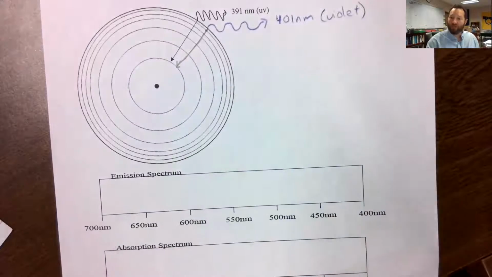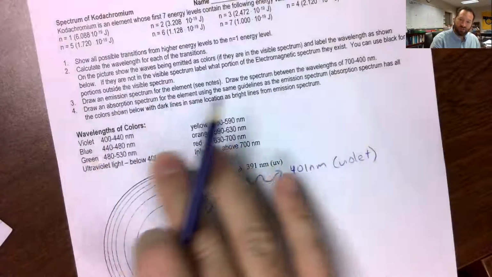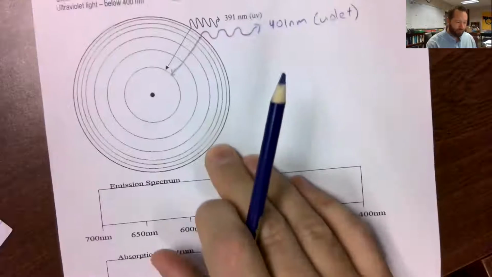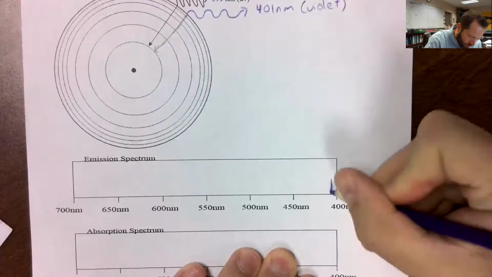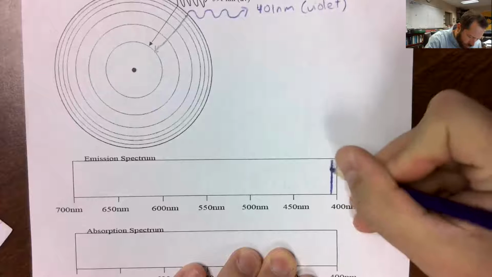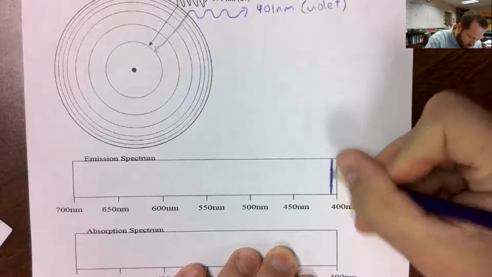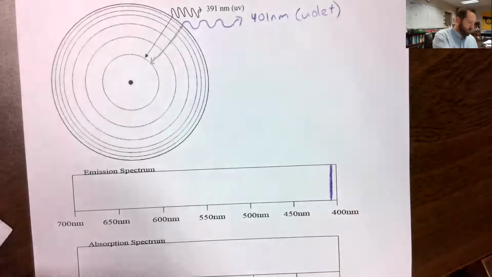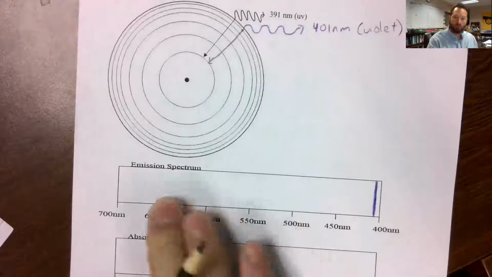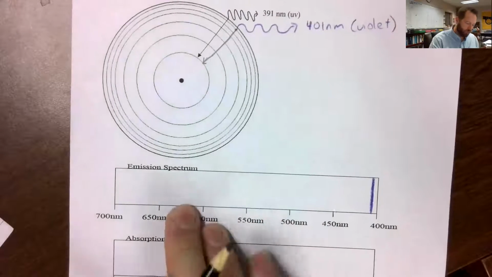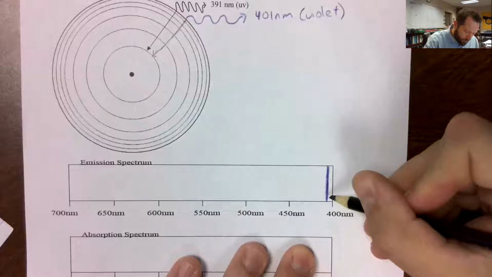I would advise you to, again, do all your math first, and figure out the colors that those wavelengths will have first. I've only got one so far, and that's my purple light at 401. I'm going to go ahead and draw that purple band on here. So there's the purple light. Again, if I were you, I would draw all my lines first. So you're going to have another one around here, another one around here, another one around here.